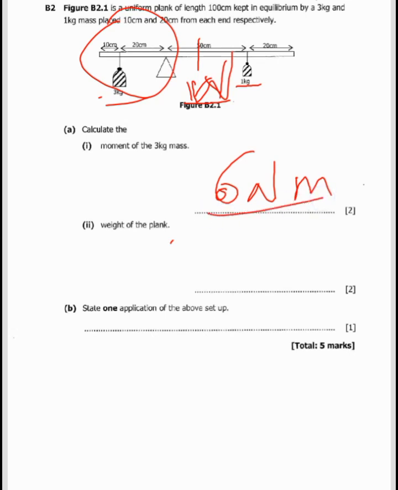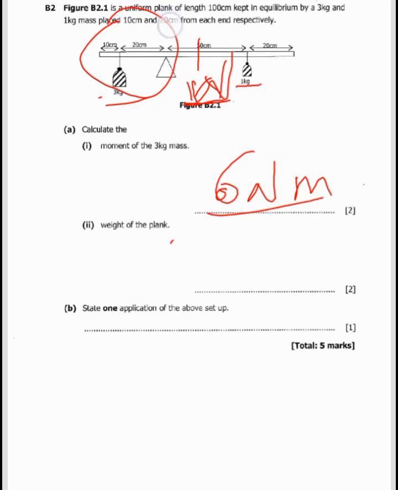So for us to find the weight of the plank, we just need to find the value of W. How do we find W? Remember in my preamble I said the principle of moments states that for a body to be at equilibrium, or to balance, the sum of clockwise moments at any point is equal to the sum of the anti-clockwise moments at the same point.